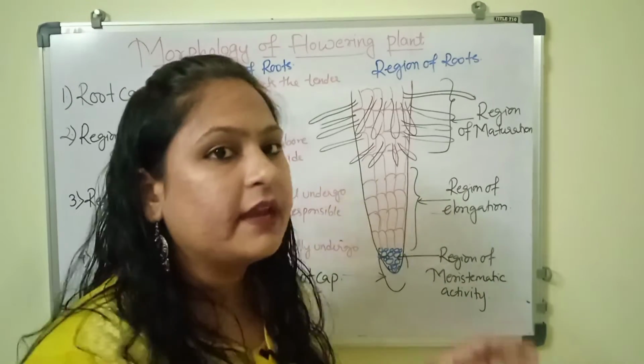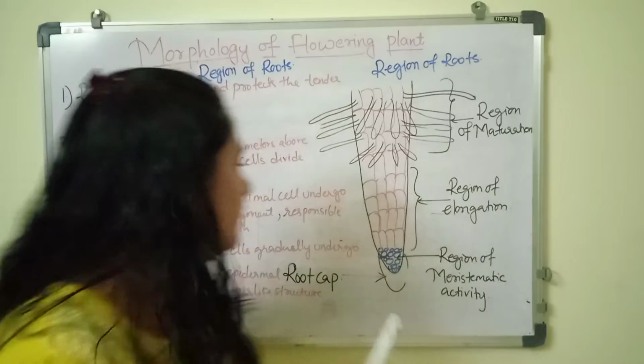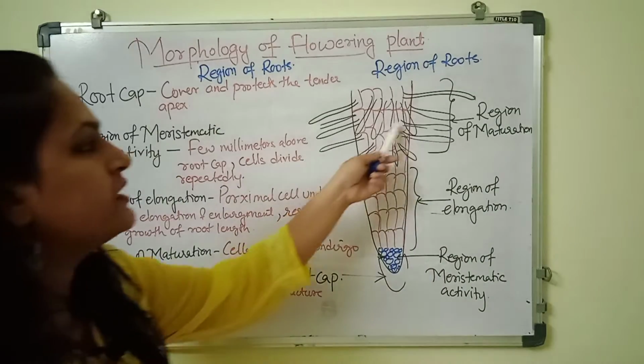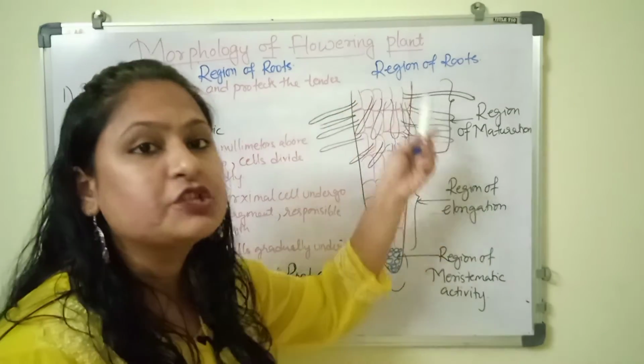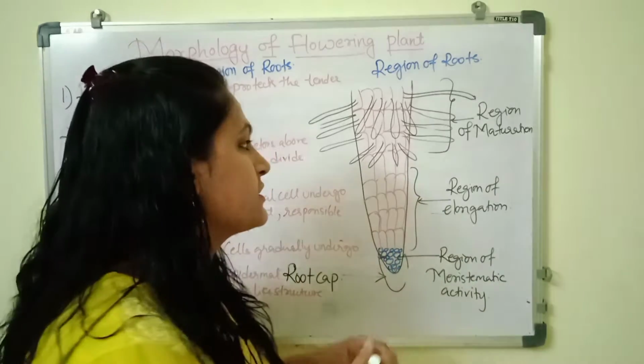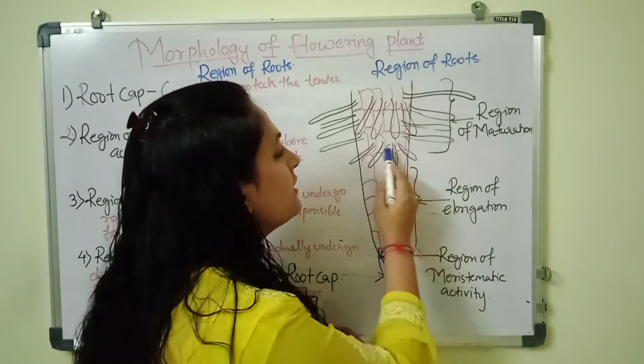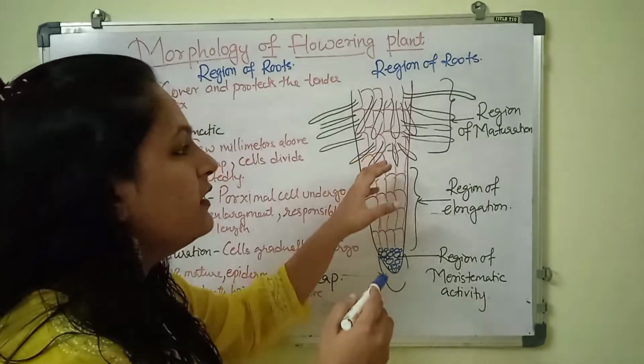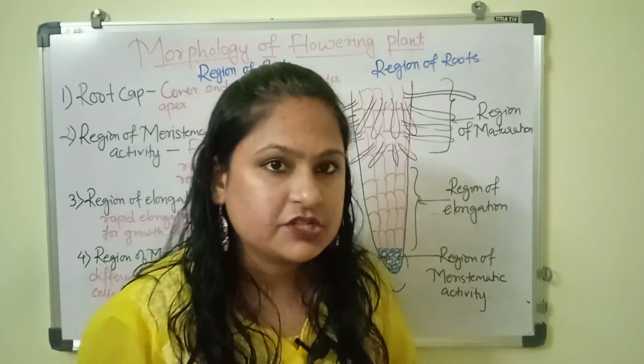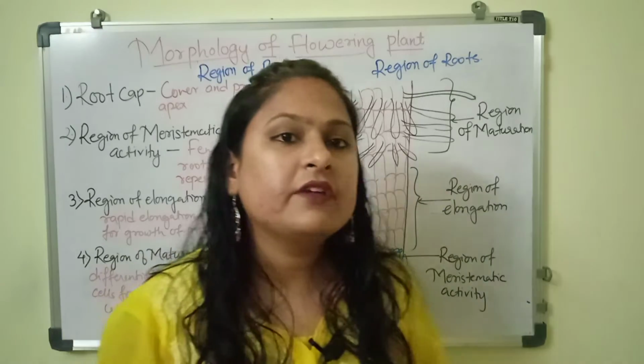After elongation and enlargement, the cells undergo maturation. What happens in maturation? The cells undergo differentiation. What do we mean by differentiation?